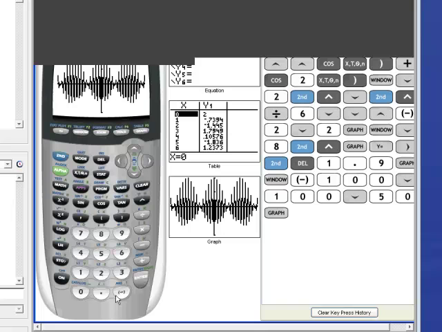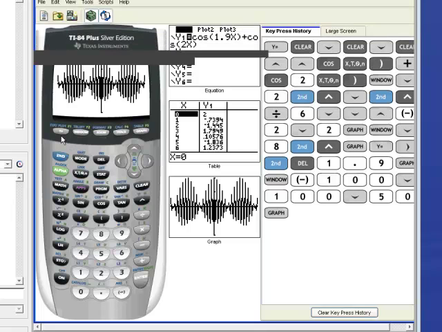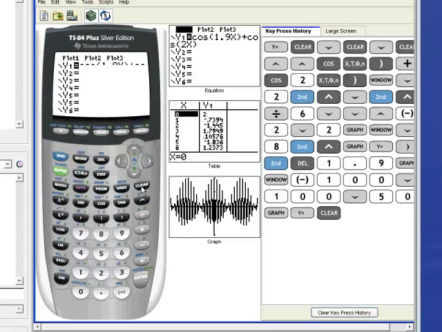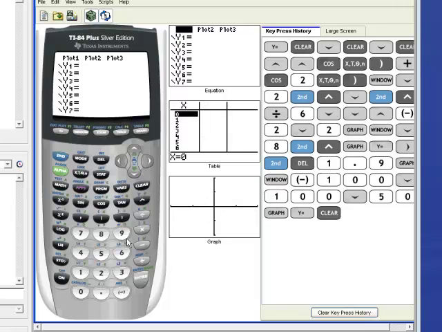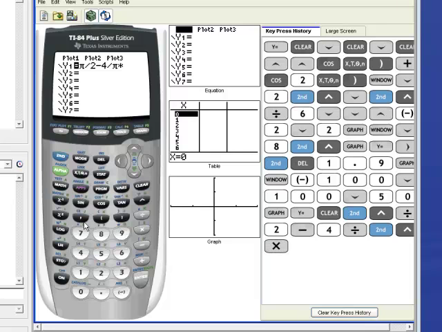All right. So it said pi over 2 minus 4 over pi times, and now the sum sequence, you have to know a little bit more about the calculator. One sure way to find it is in the catalog, where everything is alphabetical.